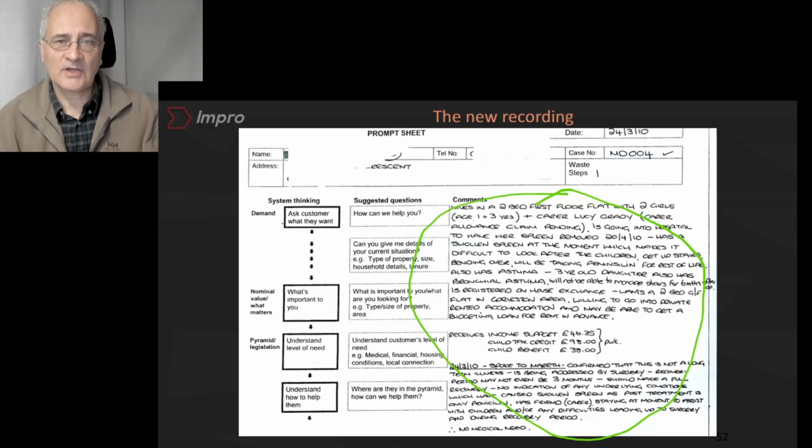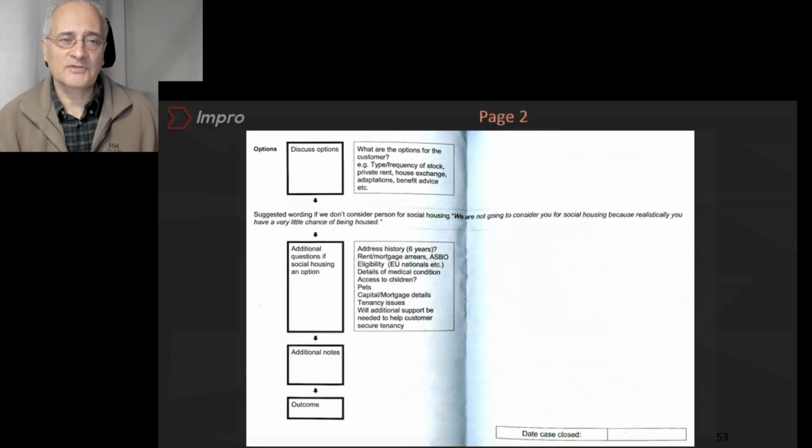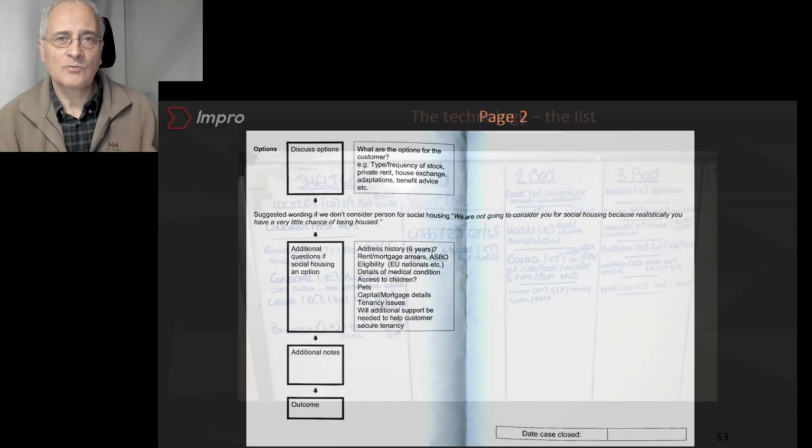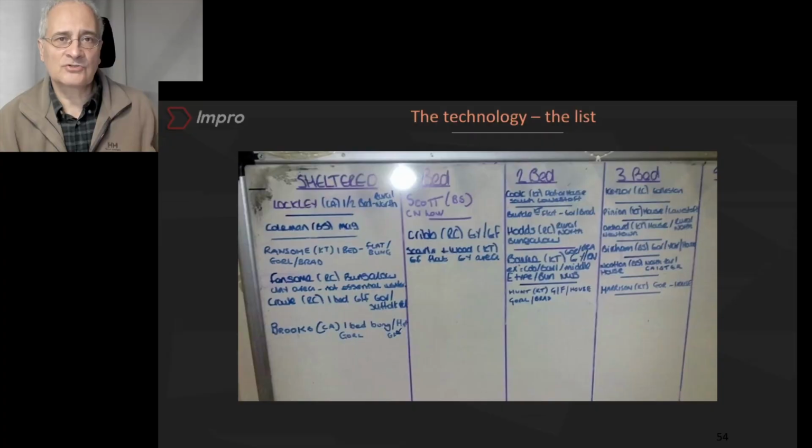And on the left-hand side, you see the guides as to what questions we should be asking. And then on the other side of the piece of paper, it carried on that way. So this is how we operationalize the test and learn when we actually use everything manually and develop it manually and then go to the technology. And this was the new list, the new waiting list that we were starting to create.